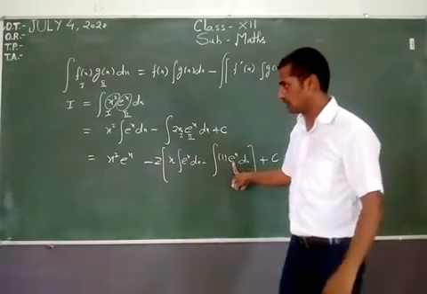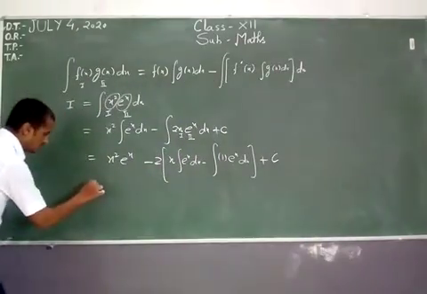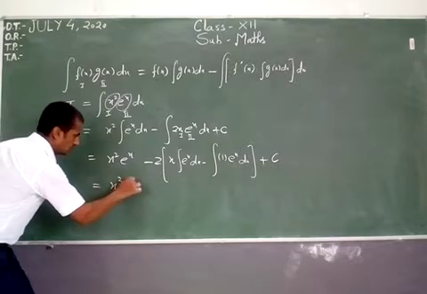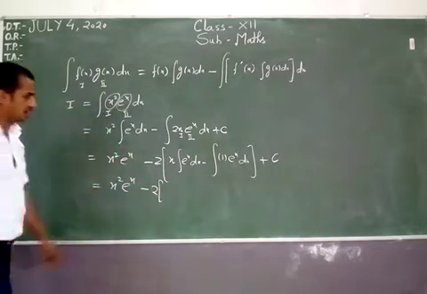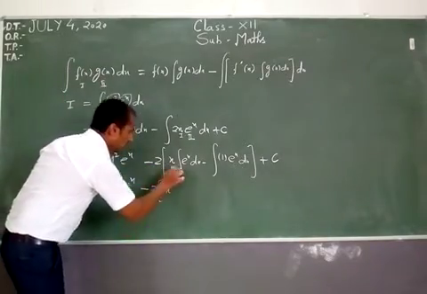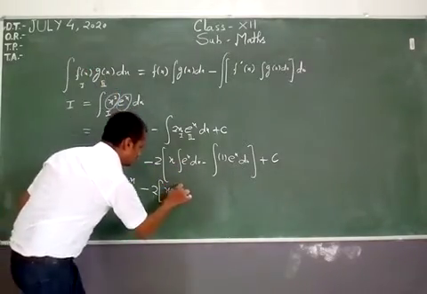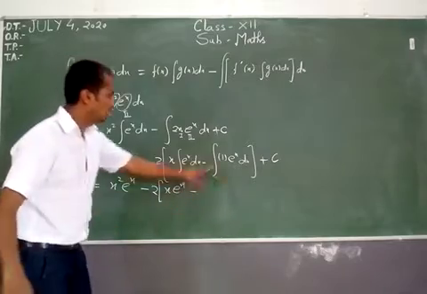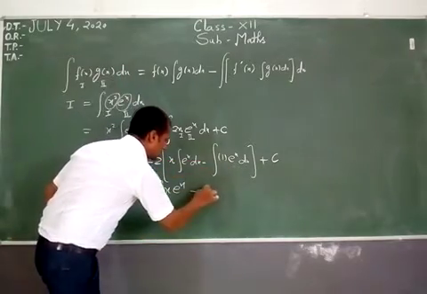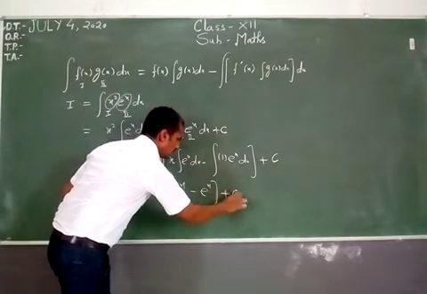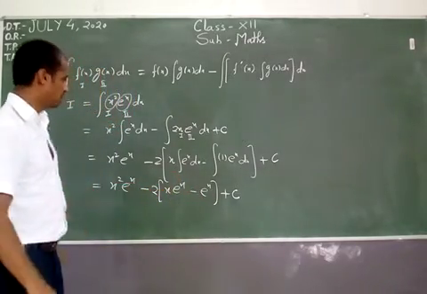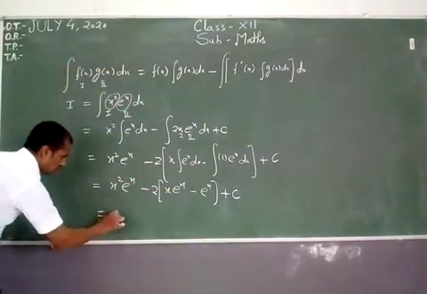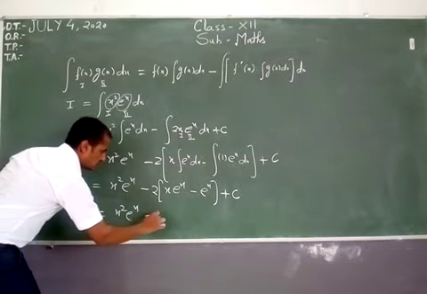We have applied here. Now we have to write the next step: x square e power x minus 2 times bracket x integration of e power x minus integration of e power x. Now we can multiply by minus 2 in the given bracket to simplify.